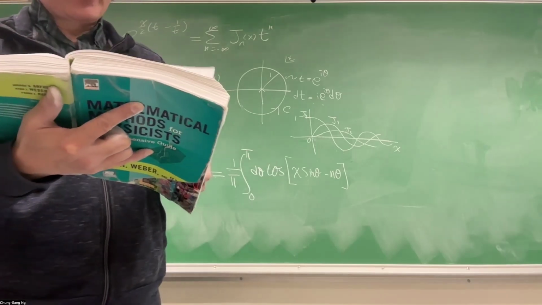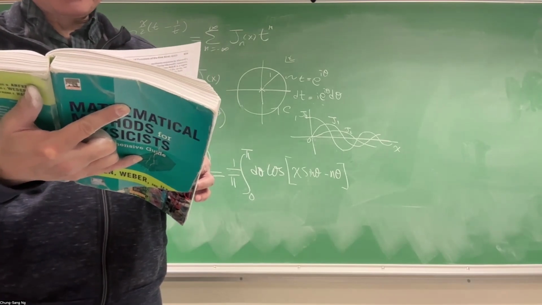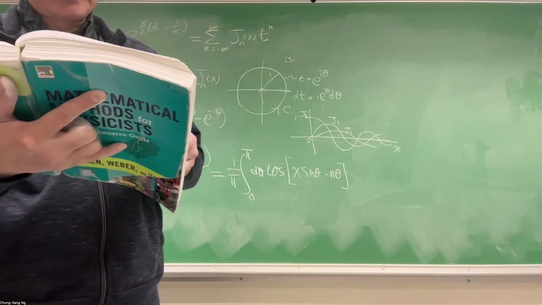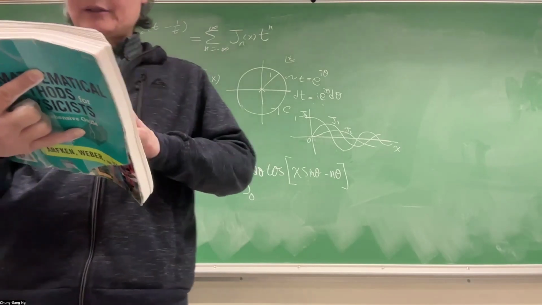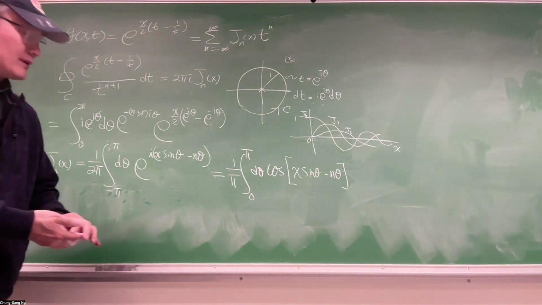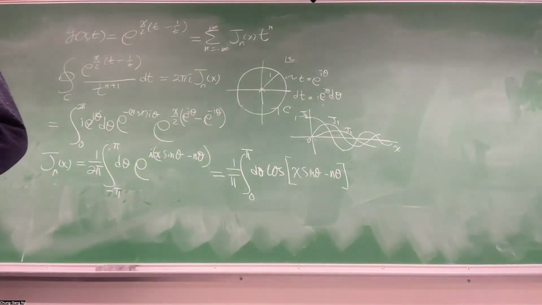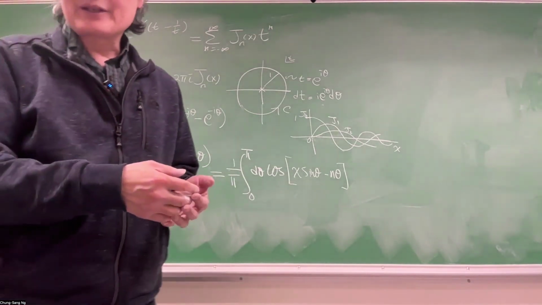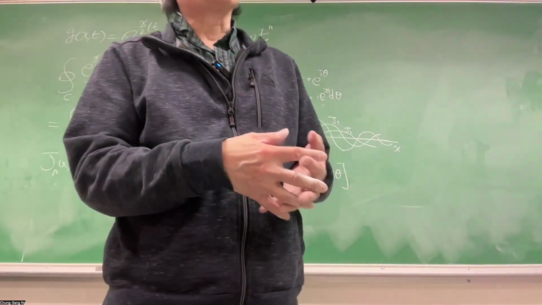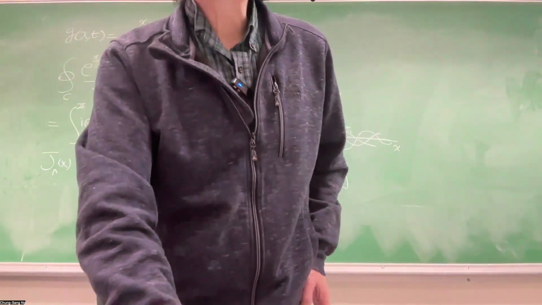Both of them will be covered in E and M. I don't know whether we will go through that in detail, but these two examples are quite straightforward, quite simple. But you probably will go through the more difficult one next Monday, the contour integral representation. Okay, I think I'm out of time. Any question up to here?